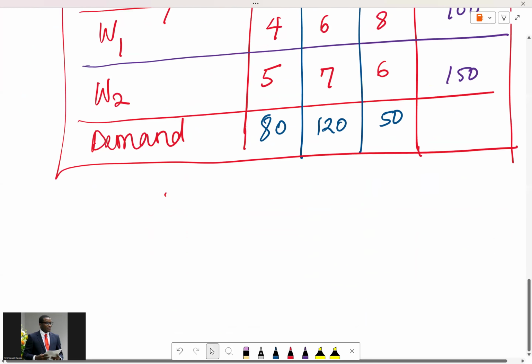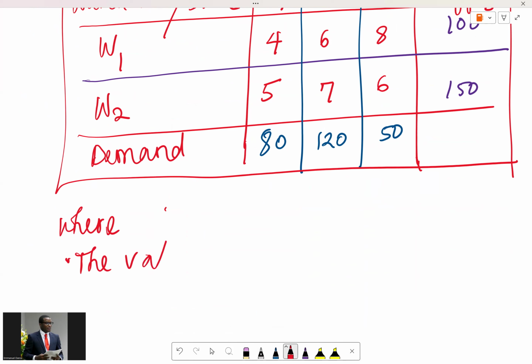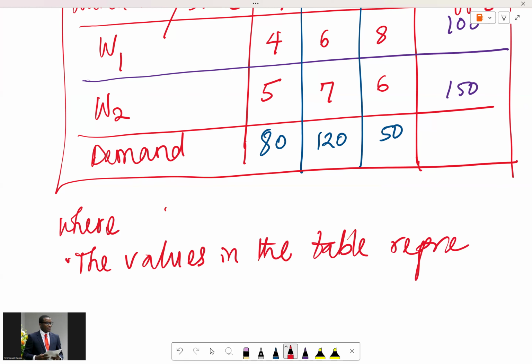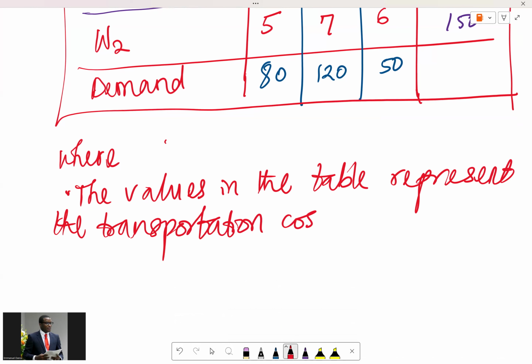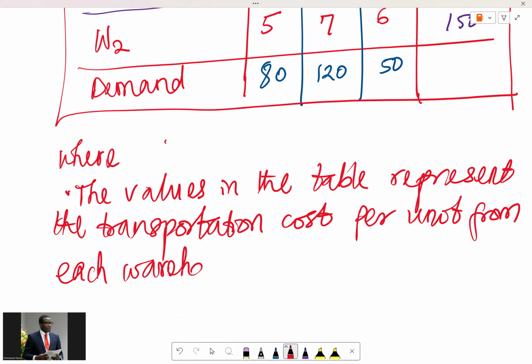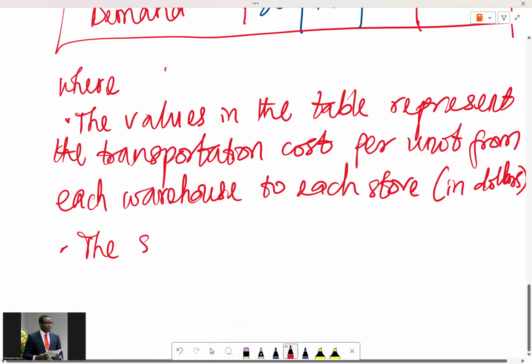Like I said, the values in the table represent the transportation costs per unit from each warehouse to each store, say in dollars. Then we also have the supply capacities.